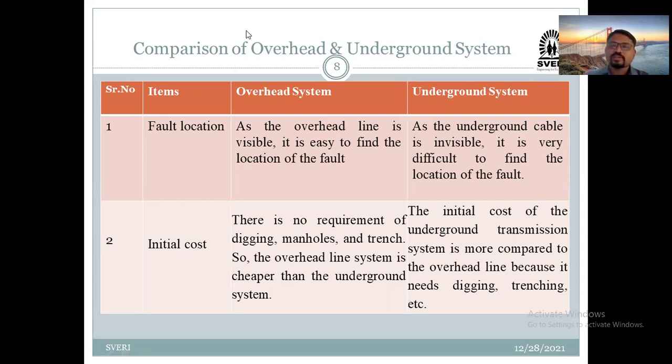So see here, as you are seeing on the full screen, we have given 4 columns. First column is the serial number, and the second column is nothing but the item.